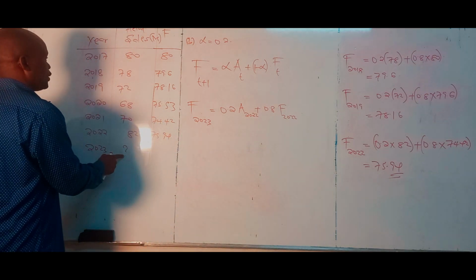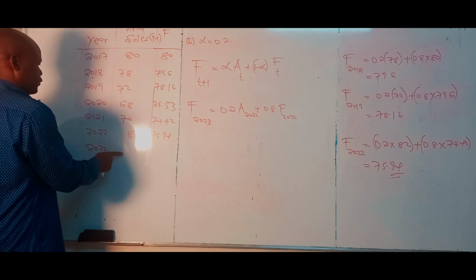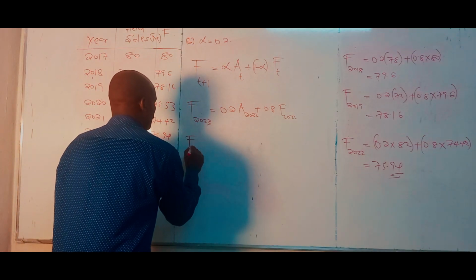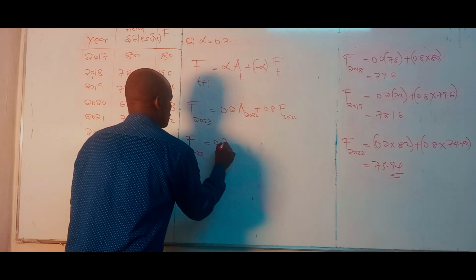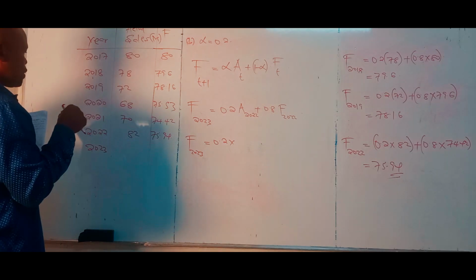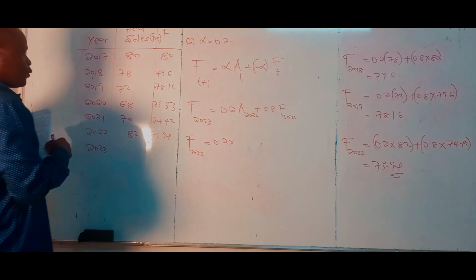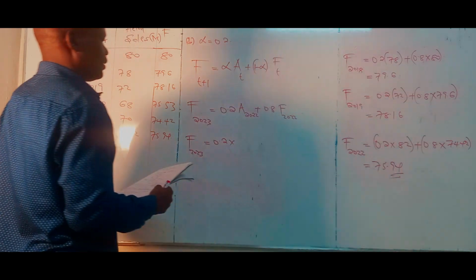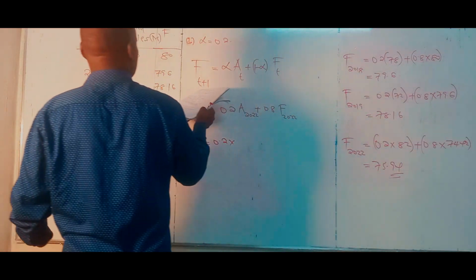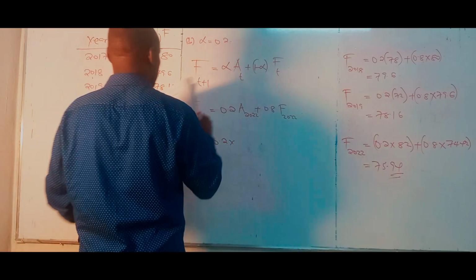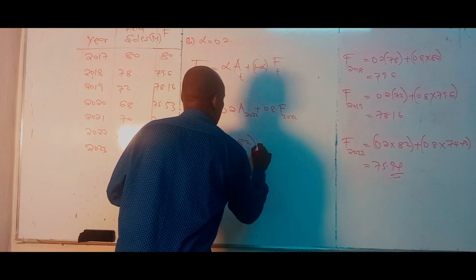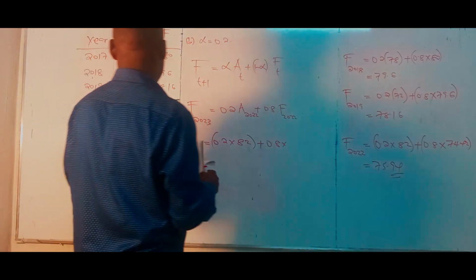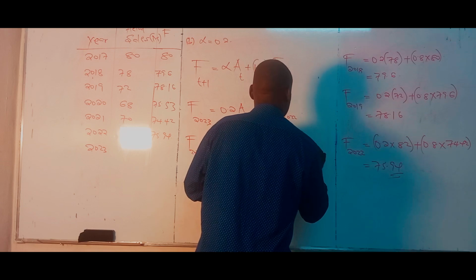So now we want the forecast for 2023, which will be 0.2 times the actual for 2022, which is 82, plus 0.8 times the forecast for 2022, which is 75.94.